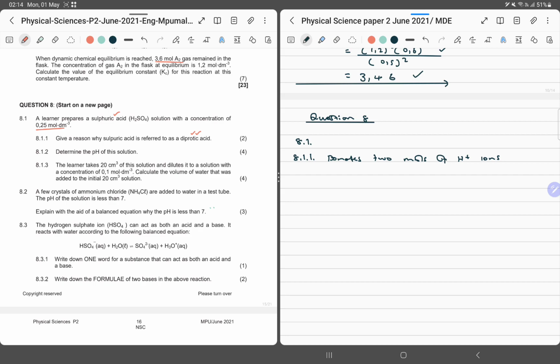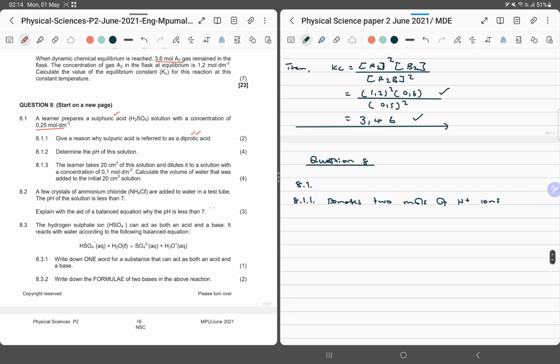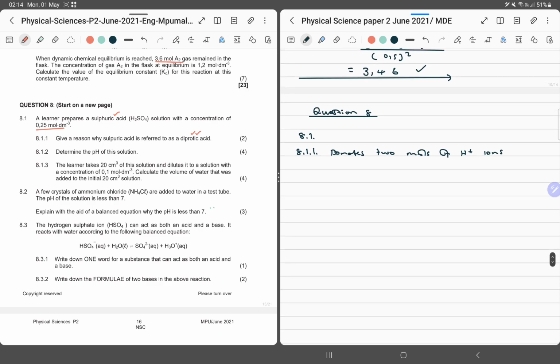You can say it liberates 2 moles of hydrogen ions, or it can donate 2 protons, or dissociate into 2, whatever. We just want to keep it moving now. We don't want to complicate our lives.